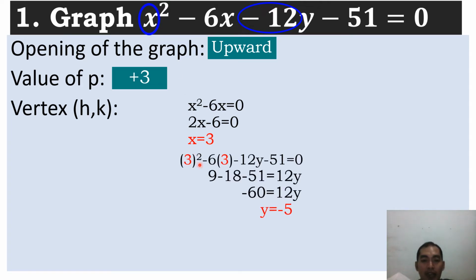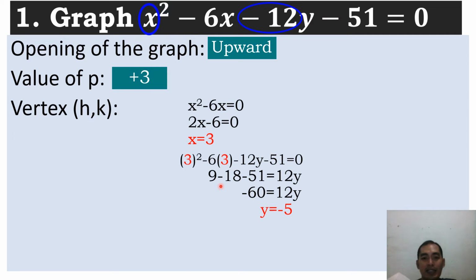So we have 3 squared minus 6 times 3 minus 12y minus 51 equals 0. So 3 times 3 is 9. Negative 6 times 3 is negative 18. Negative 12y transposed to the other side, it became 12y. And we have negative 51.